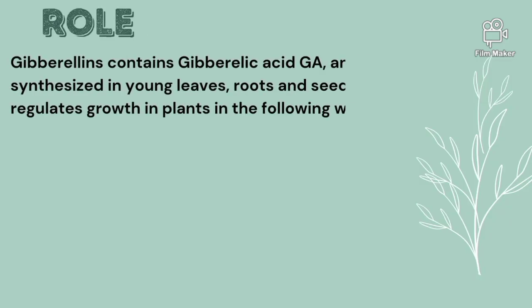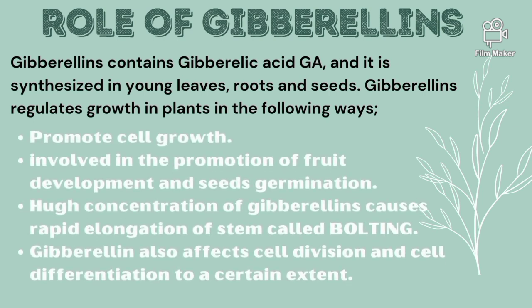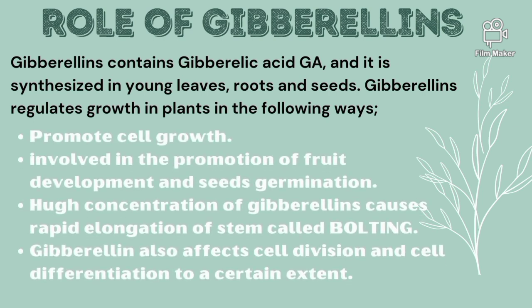Let's take a look at gibberellin. Gibberellin contains gibberellic acid, and it is being synthesized in the young leaves, roots, and seeds. What are the roles of gibberellin in controlling growth? 1. It promotes cell growth. It is involved in the promotion of fruit development and seed germination.